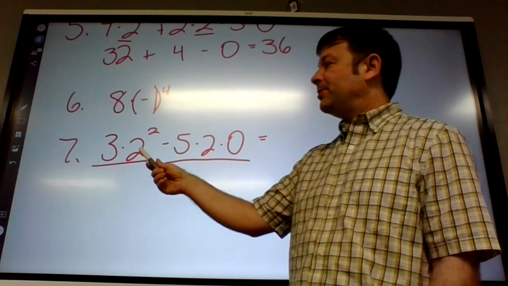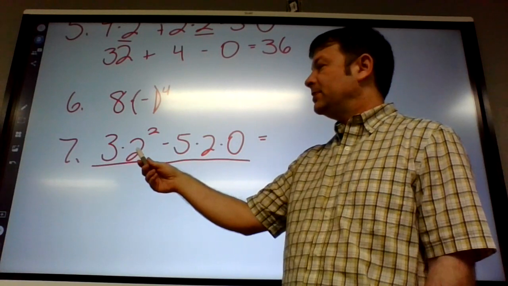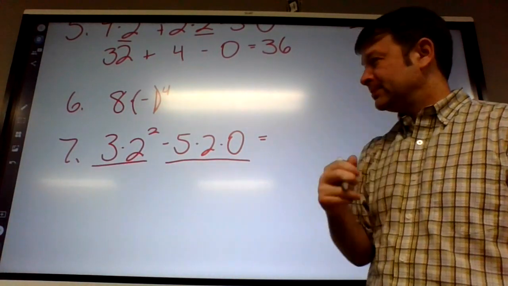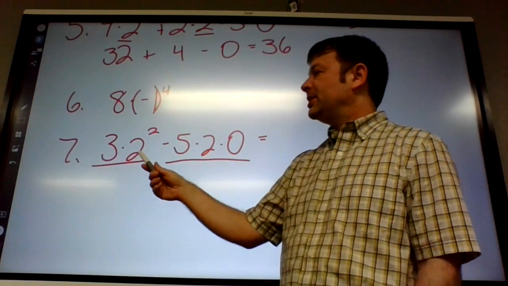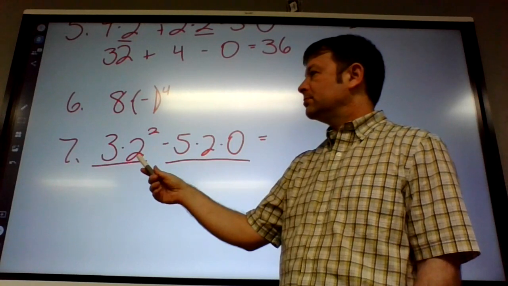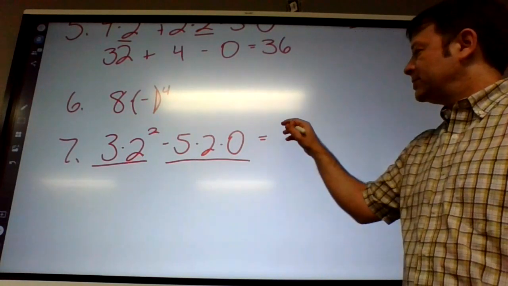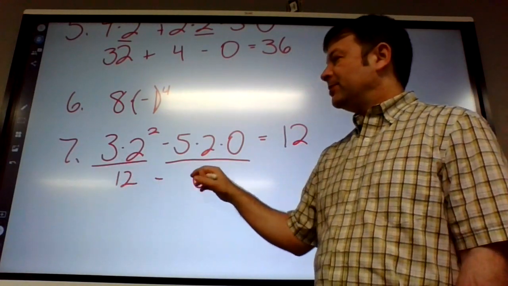In this case, parentheses don't matter because 2 squared is still going to be positive. So it'll just be 3 times 2 squared, which is 3 times 4, which is 12. 2 squared is 4, 3 times 4 is 12. 12 minus 0 is still 12.